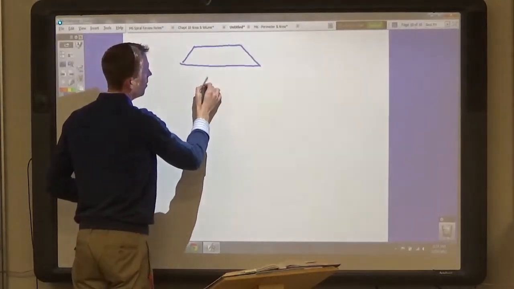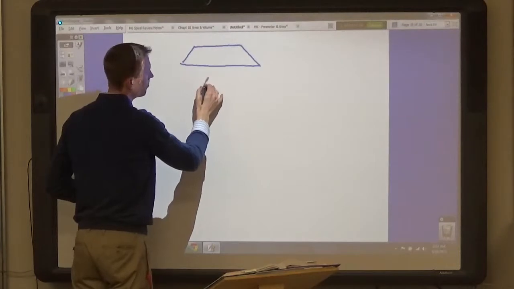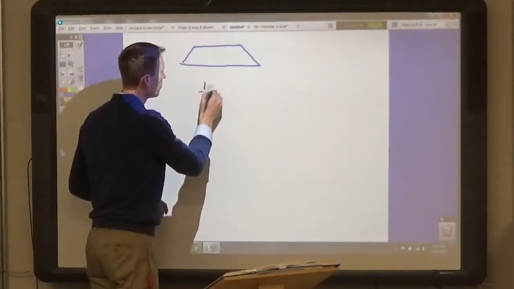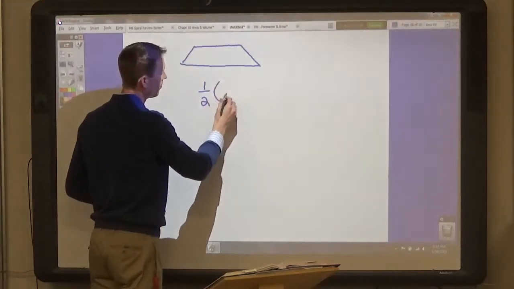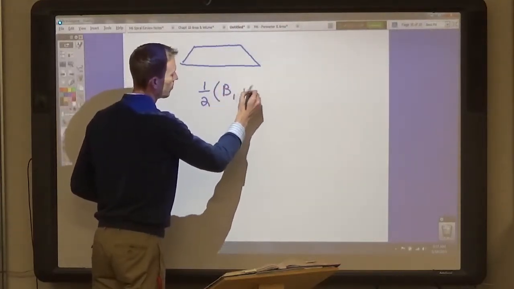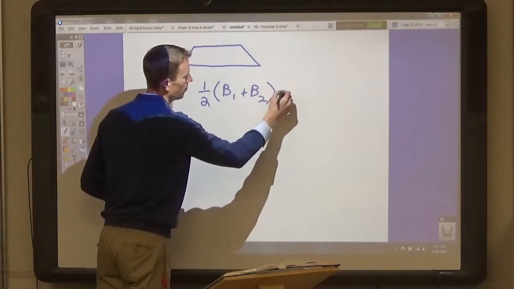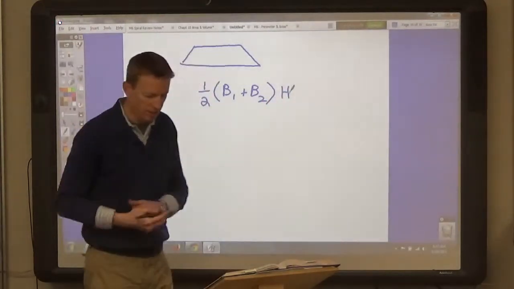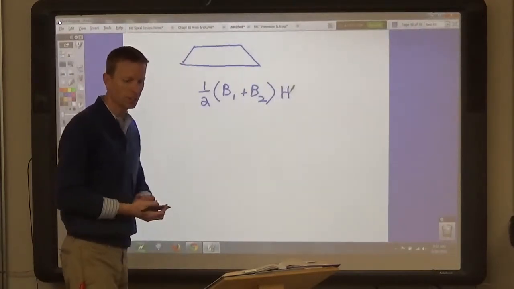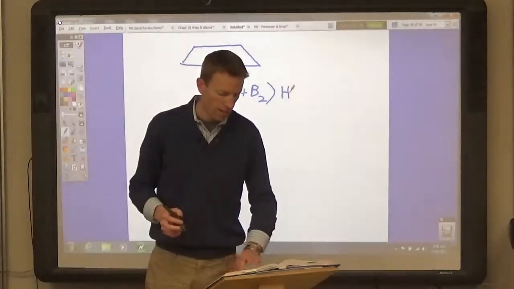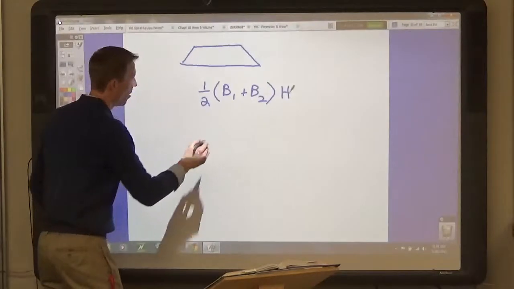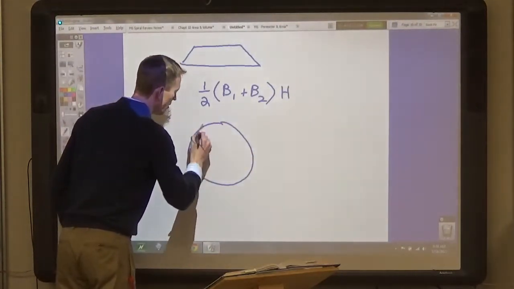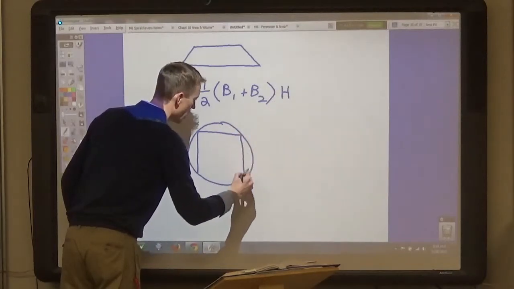So that's 1/2 times base 1 plus base 2 times the height. And triangles and circles. And also, there will be one question where you have to find the area of the shaded region.